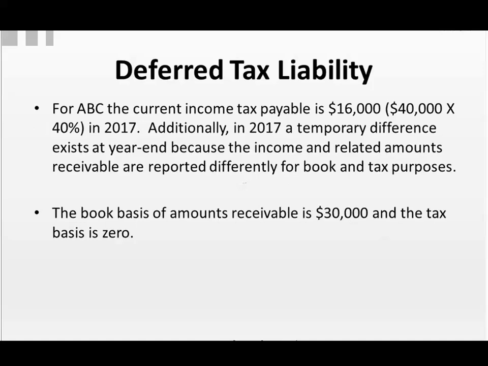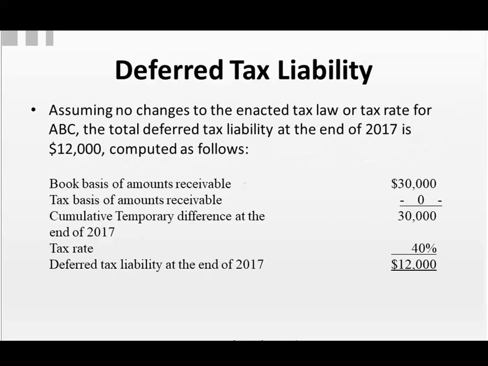In addition to that, in 2017, there's a temporary difference that exists at year-end because the income and related amounts receivable are different. The book basis of the receivables is 30, tax basis is 0. So, we have to worry not only about the current income taxes payable, we've got to worry about the deferred taxes payable.